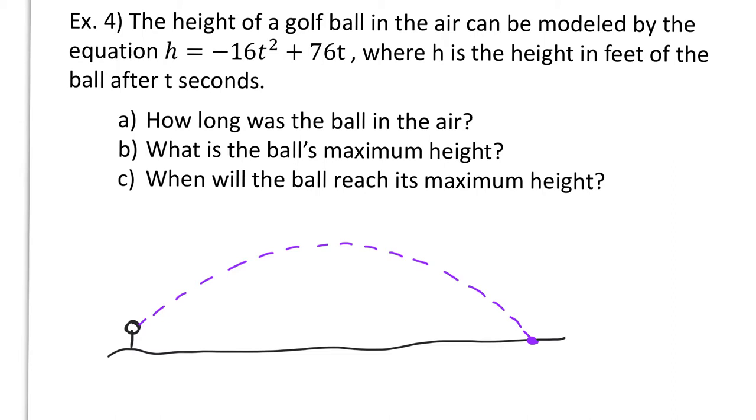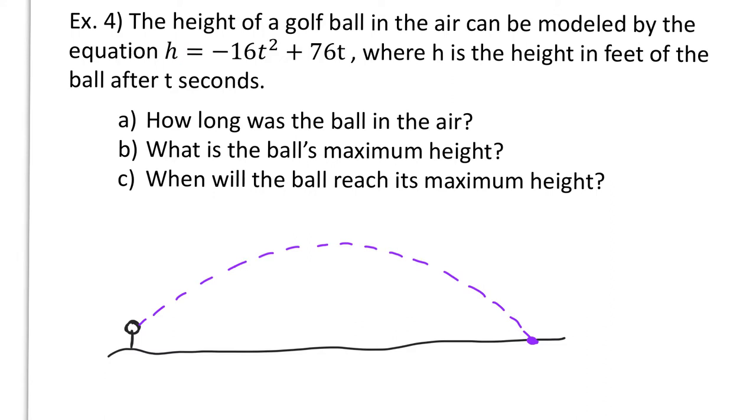Number one, how long was the ball in the air? Now notice here it says that t represents seconds, so that's time. How many seconds was the ball in the air? T is kind of like your x value. So if you think about it, your x is your ground, your x-axis. So when you look at the x values, that's going to be seconds.